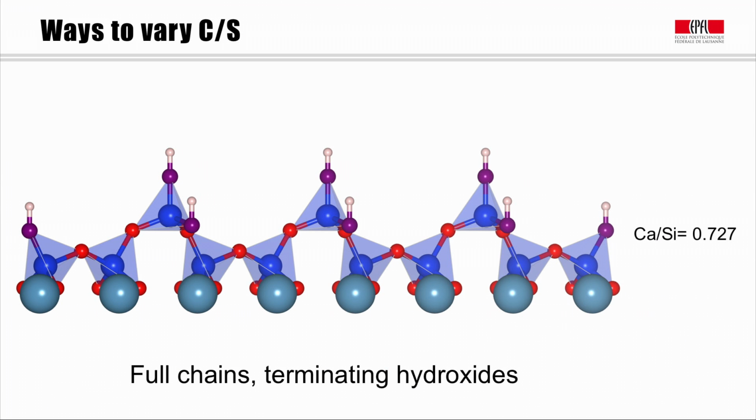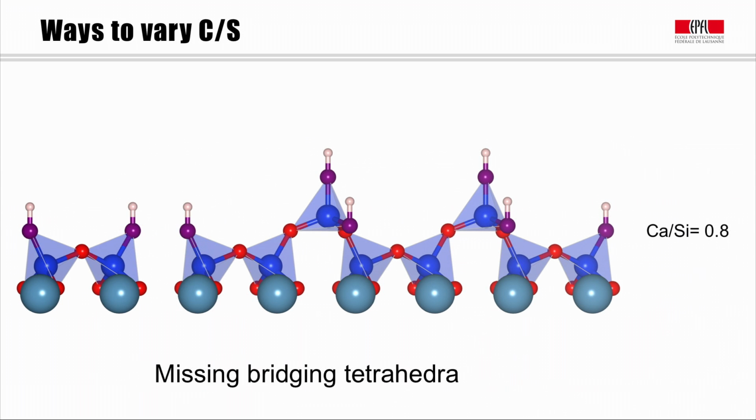Now, the first and most simple way of varying the calcium silicon ratio is to omit these bridging tetrahedra. So we see these bridging tetrahedra here. If these are omitted, so for example here you see this one is missing, then we start to change the calcium silicon ratio.